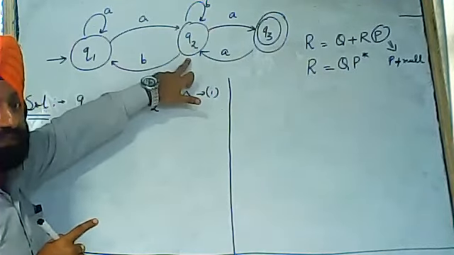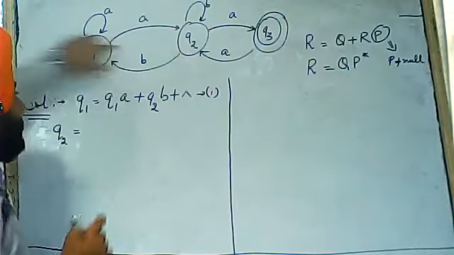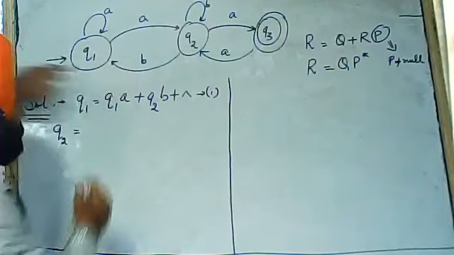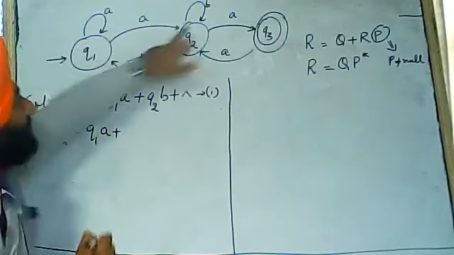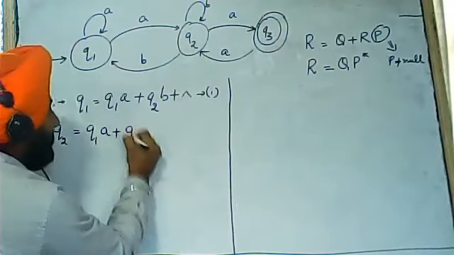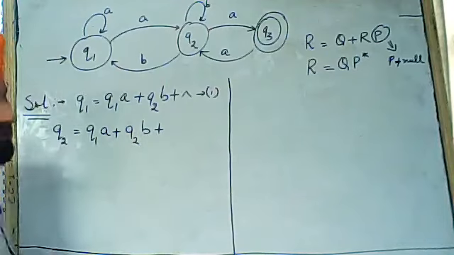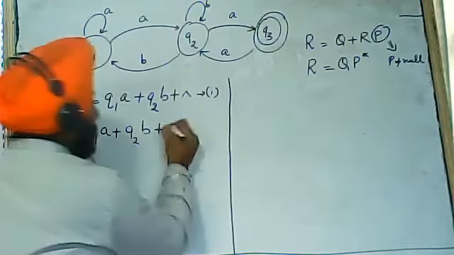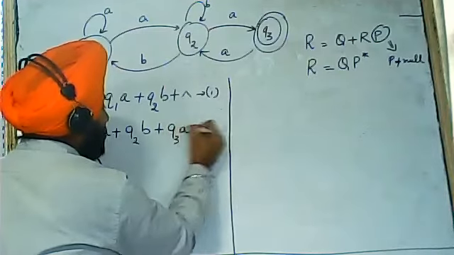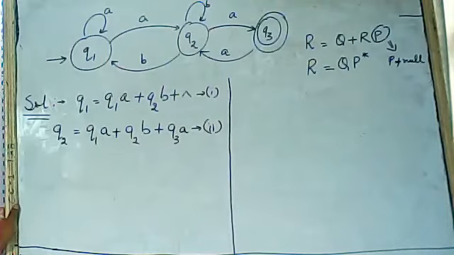Upon Q2, three incomings are there. The first is with A, approaching from Q1, so Q1A. The second incoming is B, approaching from Q2, so Q2B. The third incoming is A, that is Q3A. Mark it as number 2, right?